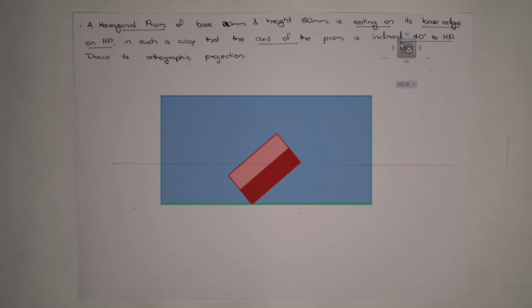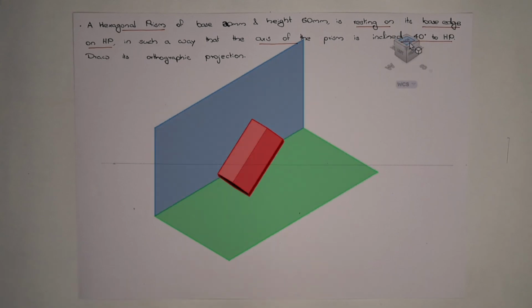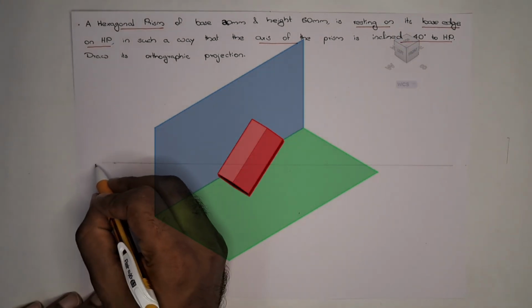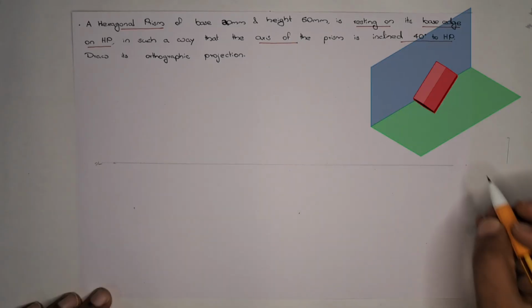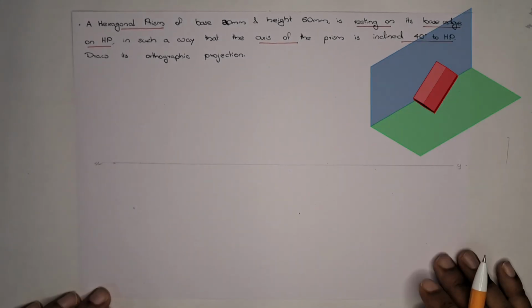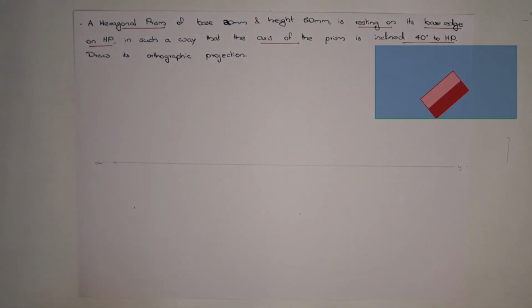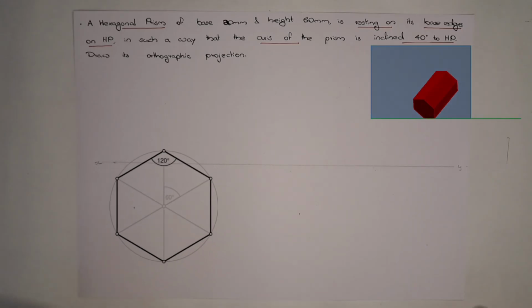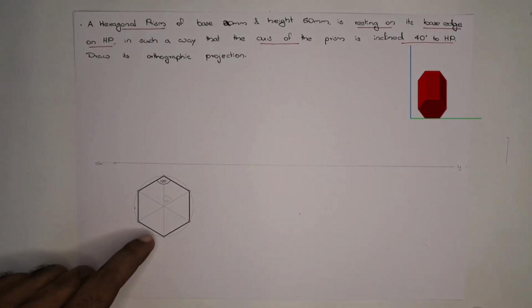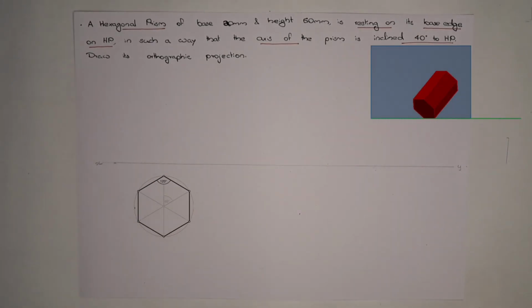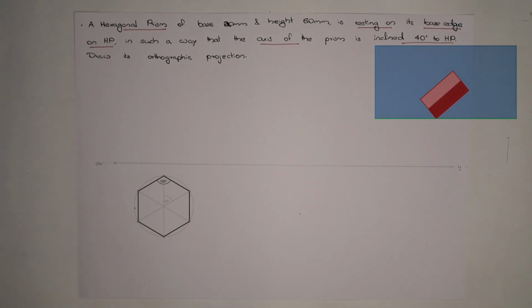At first we draw the XY line over here. So this is the XY line. Now we need to draw the hexagon on the HP in such a way that on the right side we are showing the base edge.